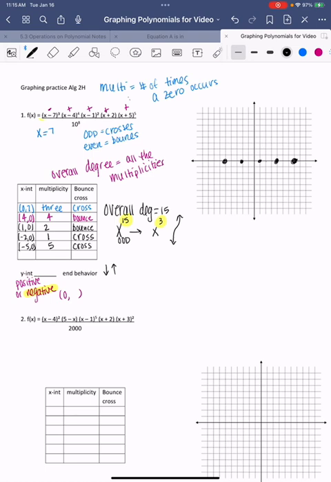So I'm next going to plot my end behavior. The left side of the graph is over here, and the right side of the graph is over here. So it says that the end behavior is down, up. So on the left side, I'm going to go down, and on the right side, I'm going to go up.